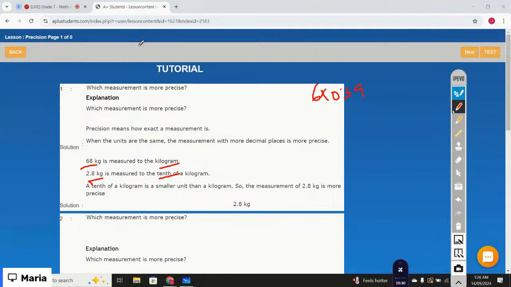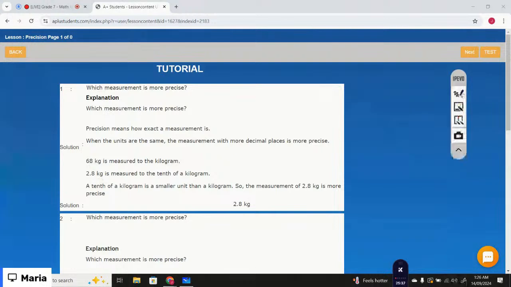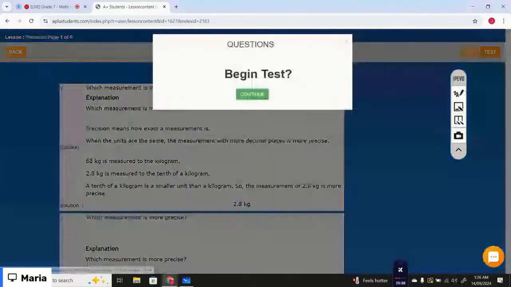The correct option is 2.8 kilograms, right? Let's just start with the test questions.